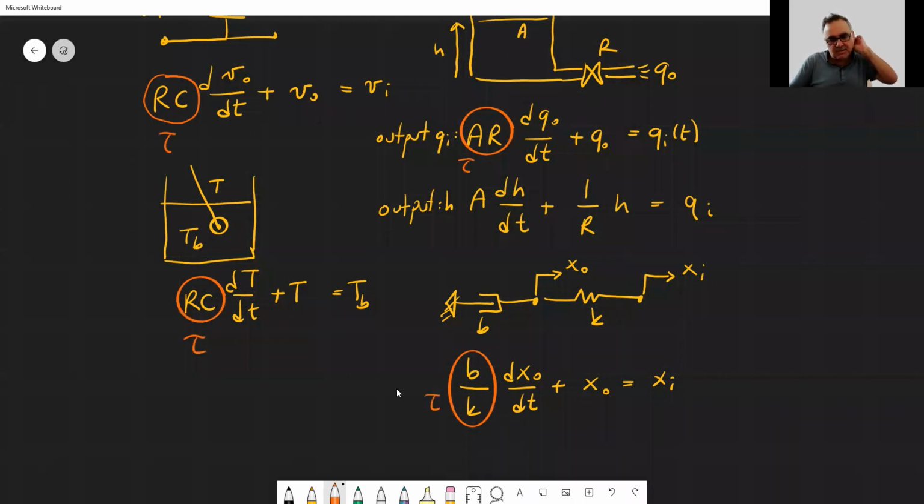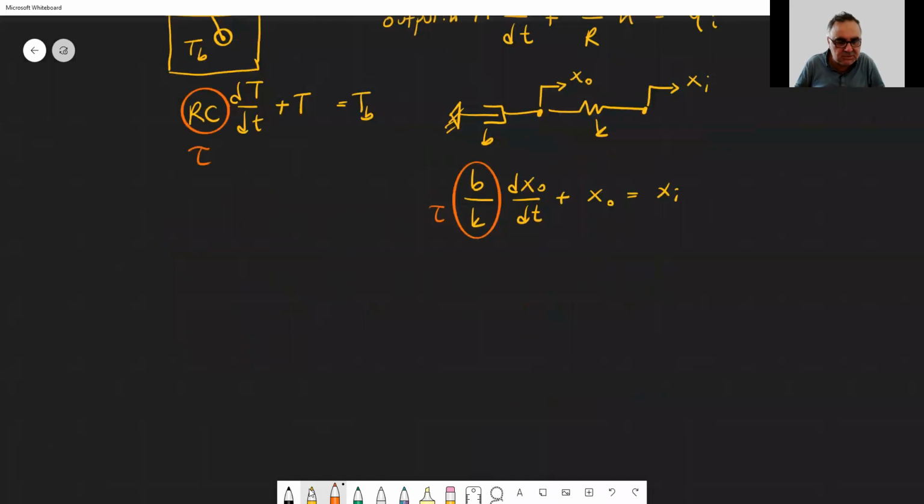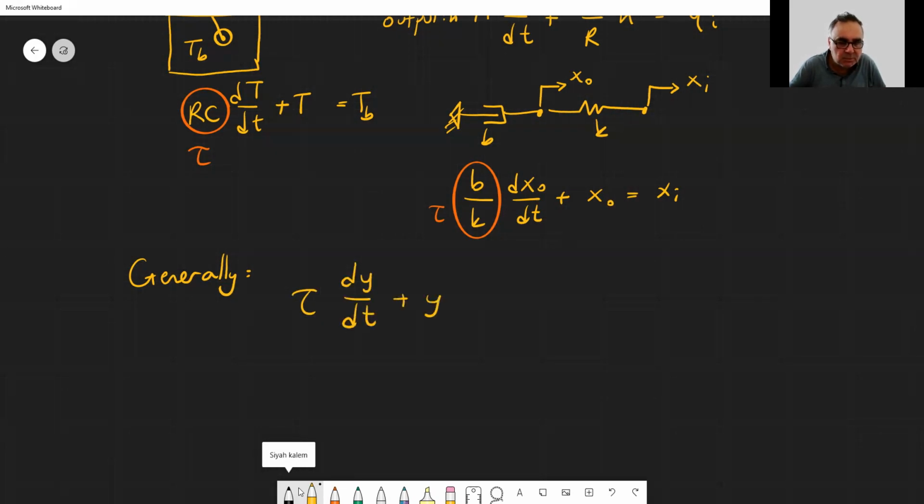Okay, and then there is a possibility of having a steady state gain. So the general first order system equation is something like this. Generally, you have tau times dy dt plus y equals k times u of t.